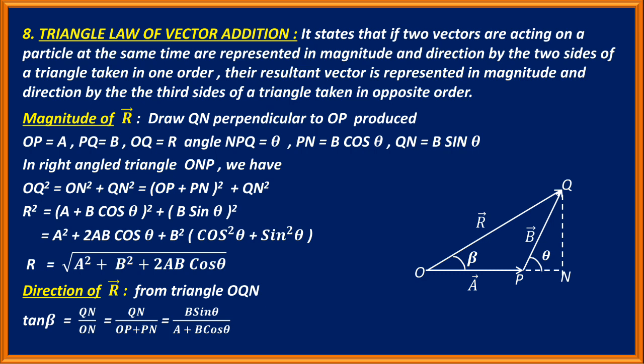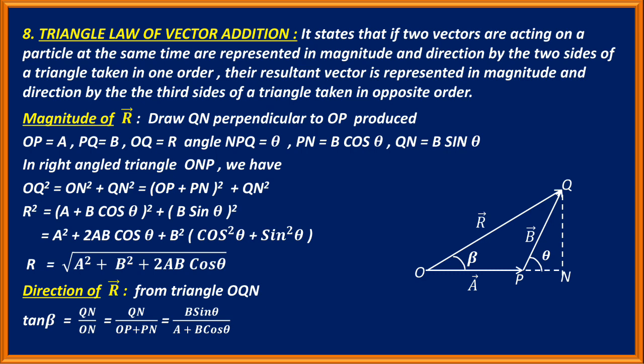And here from the triangle PNQ we can write PN equal to B cos theta and QN equal to B sin theta.